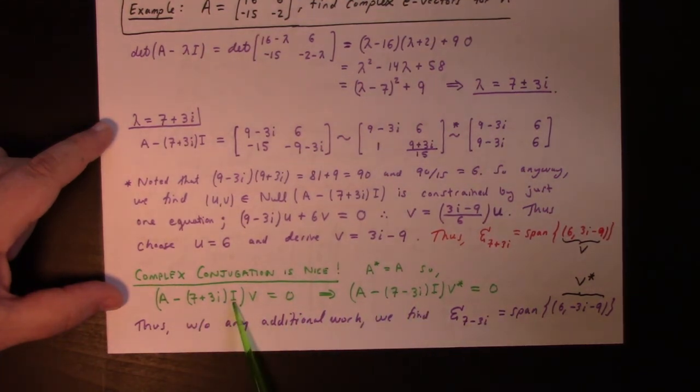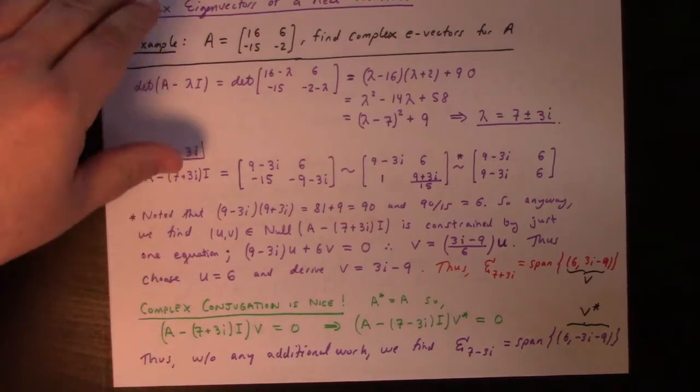The complex conjugate of i is just minus i. The complex conjugate of v is v star, and v star specifically is where we just put i to minus i, so we get (6, minus 3i minus 9). So without any additional work, I can already tell you the eigenspace of the other eigenvalue, 7 minus 3i, is the span of the conjugate eigenvector.